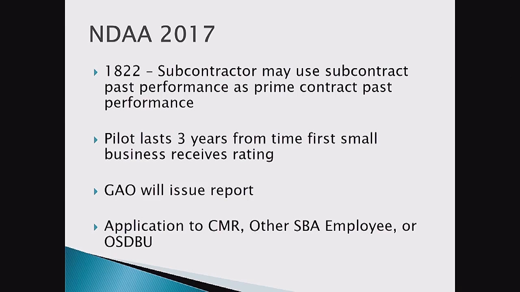GAO is going to do a review of this and report on how it's going. And the application that we talked about, it can go to the CMR, other SBA employee, or OSDBU. So there's going to be involvement of SBA, the OSDBU, and the prime contractor in getting this pilot program created.